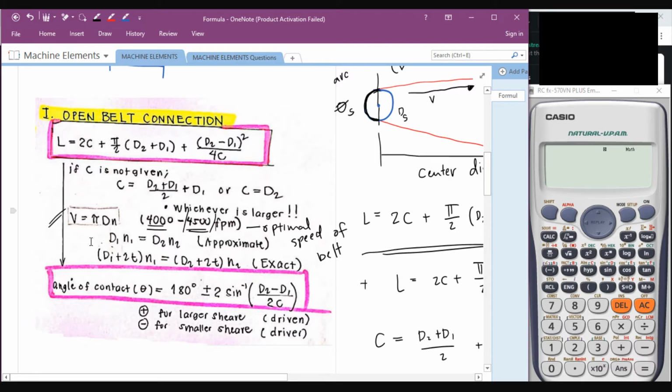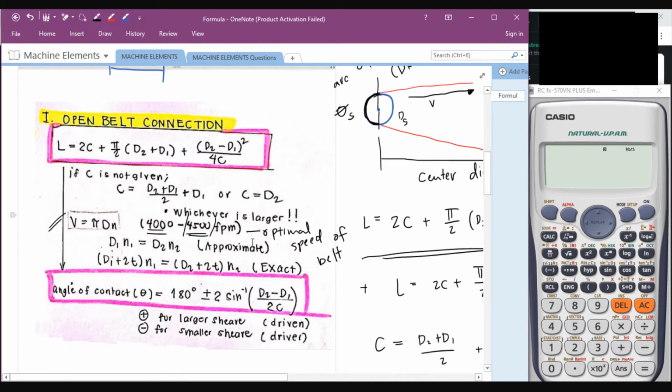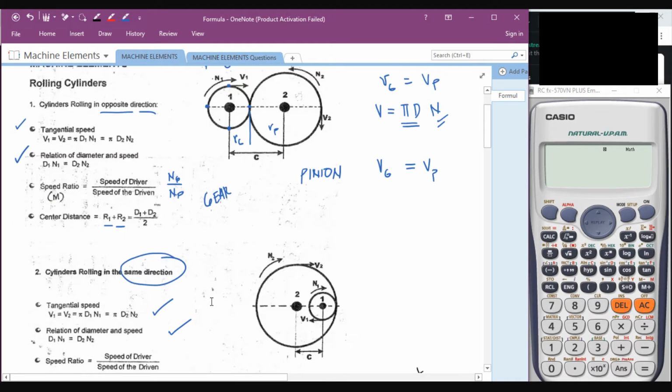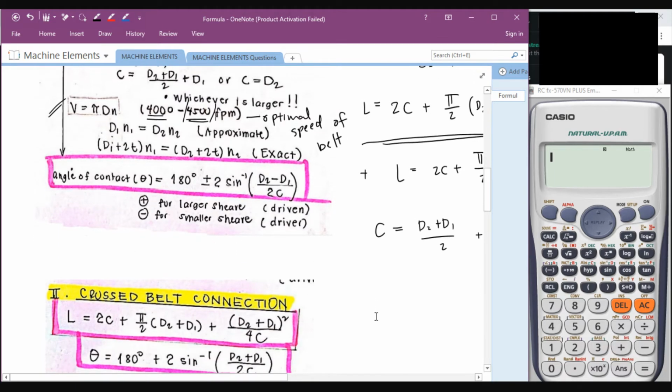Now, it is also parang yung rolling cylinders where the tangential speed is always constant and meron ka ring ratio dyan na mangyayari. Katulad din yan yung magiging speed ratio dito. And in order for it to get the angle of contact, that is equal to 180 degrees plus or minus 2 arc sine ng D2 minus D1 over 2C.